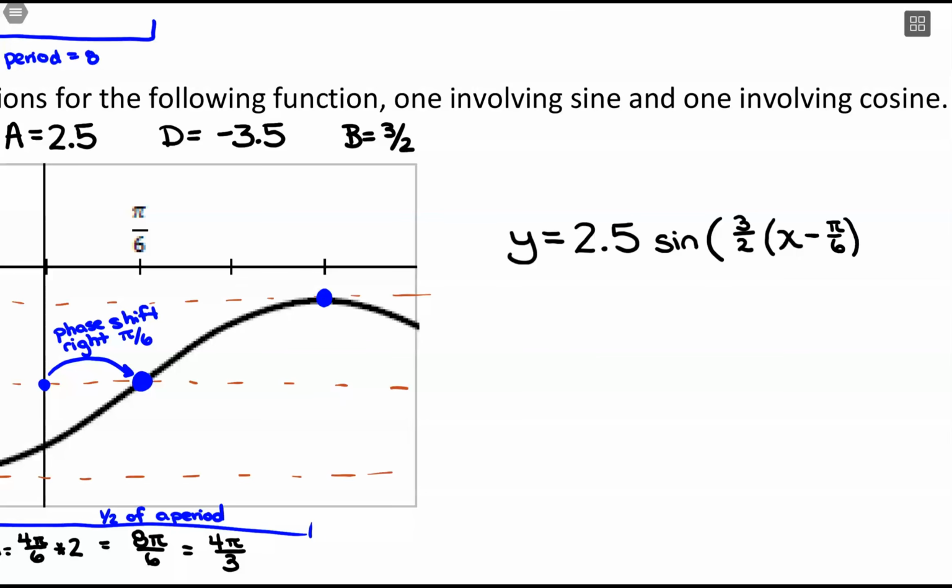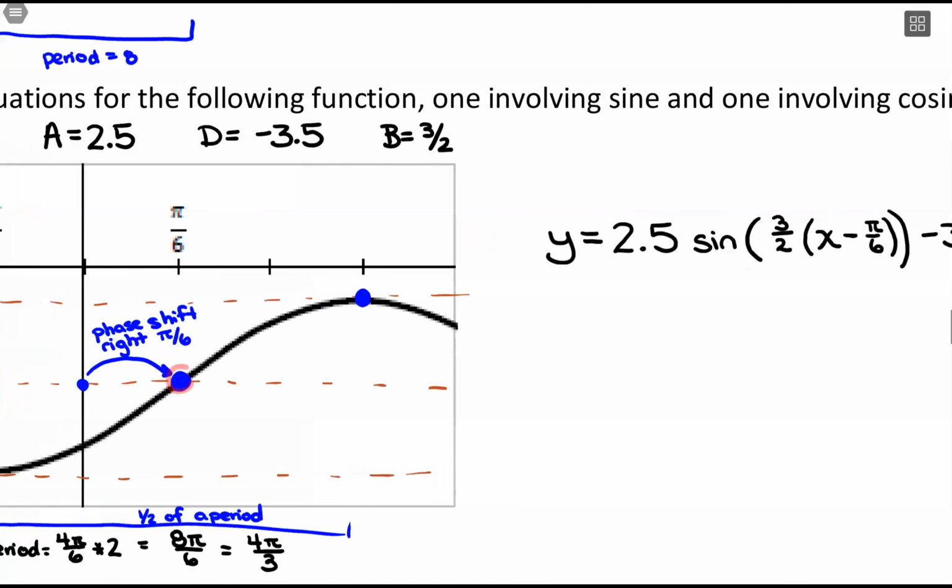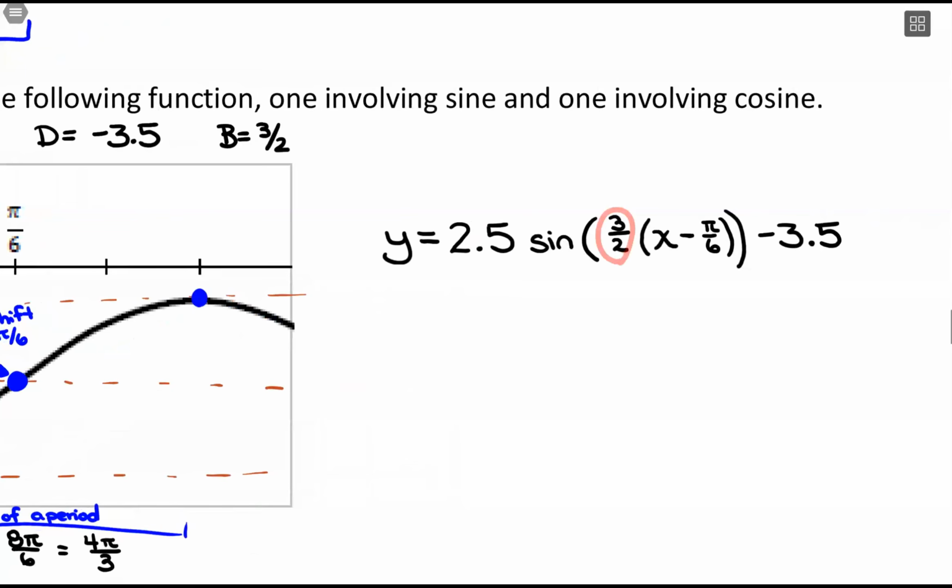Then we close those parentheses, and then close the second parentheses. And then our last piece is the midline, which is negative 3.5. So, amplitude, function sine, which means we're starting at this point on our graph to move upward, our period, or at least the value to adjust our period, and then phase shift to the right by pi over 6, midline of negative 3.5.